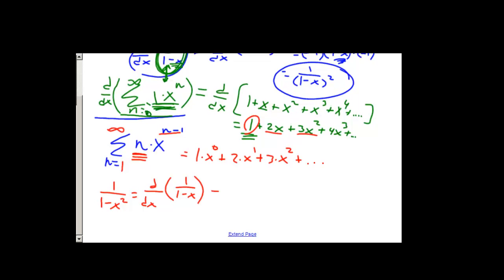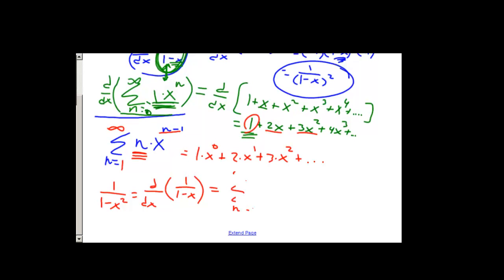Therefore, this value can be rewritten as the sum from n equals 1 to infinity of n times x to the n minus 1. And our original radius of convergence was 1. So my new radius of convergence is also going to be 1.